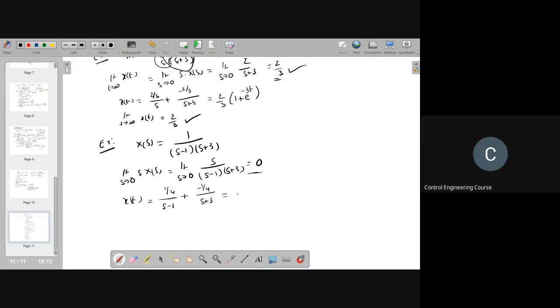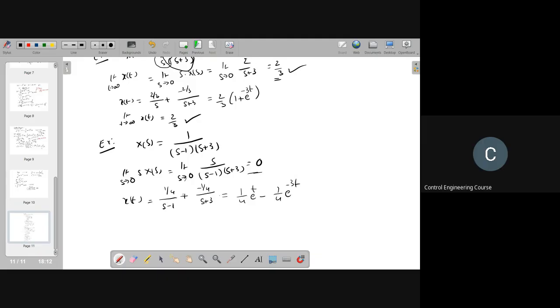That means x of t is 1 by 4 into e to the power of t minus 1 by 4 into e to the power of minus 3t.